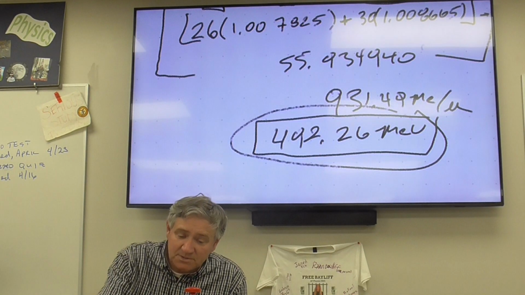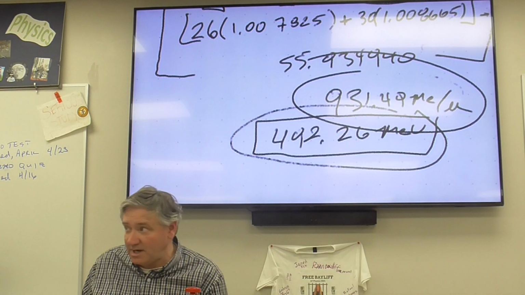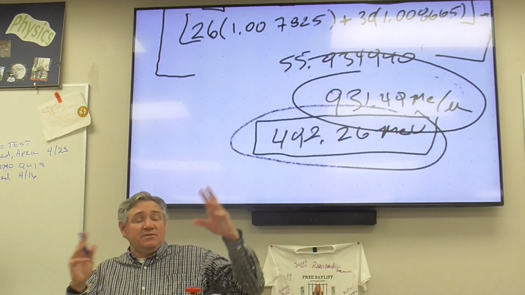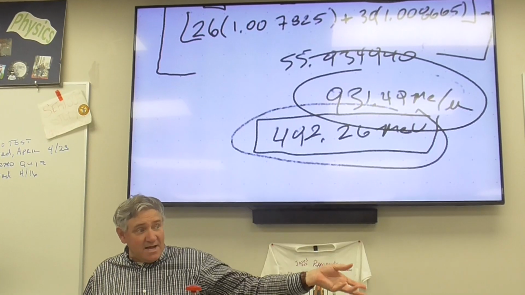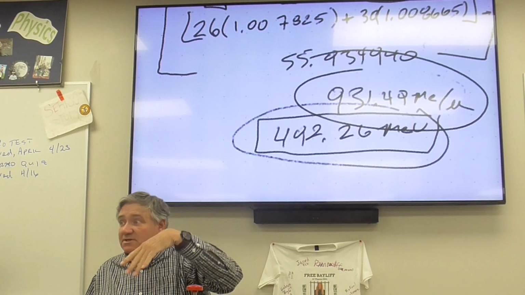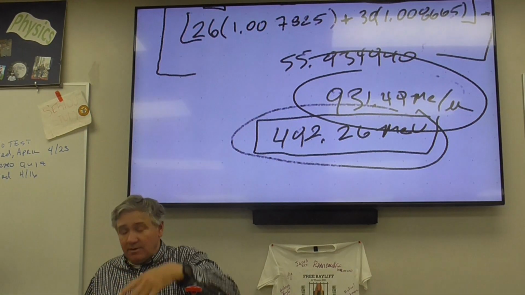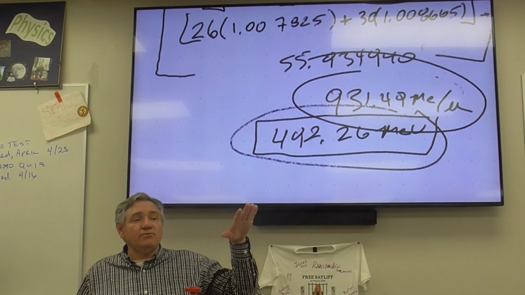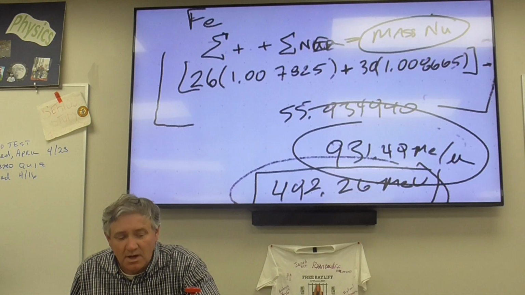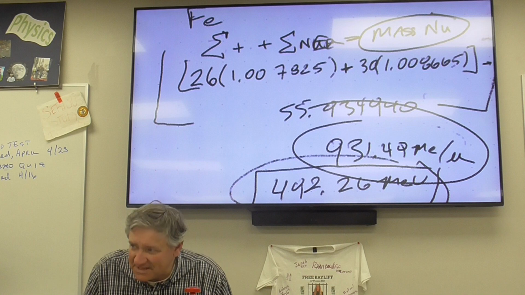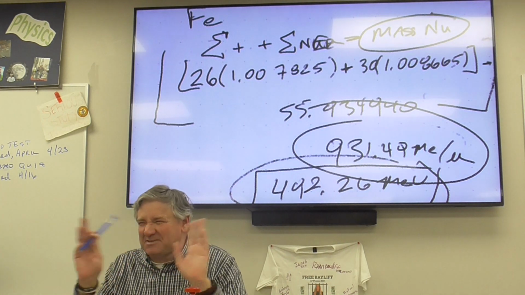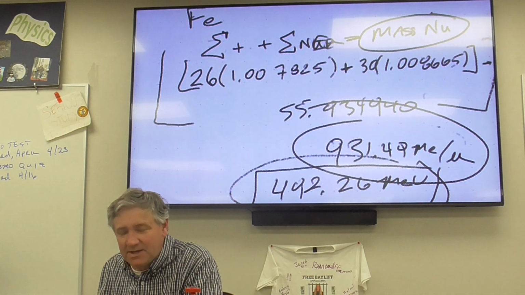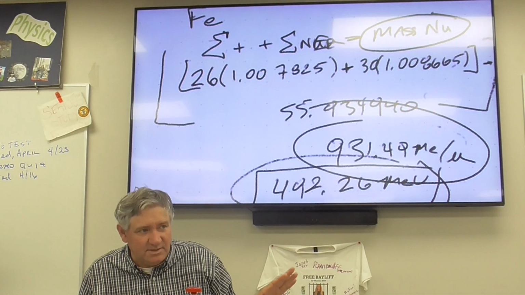Now, because you're multiplying by 931.49, which is a constant, obviously the bigger the difference in the mass, the more energy that's going to be involved, okay? So there is no cute way to do this. I promise you, I'm not going to show you, oh, tomorrow you can just do this in one step. There is no cute way to do this.